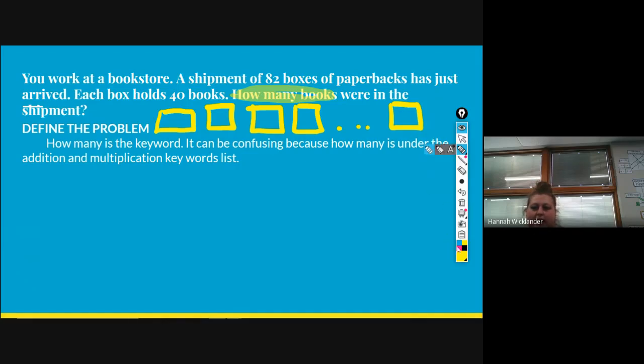And then inside each box, there's 40 books. And this is box 1, box 2, box 3, box 4. This is box 82. So what is going to make more sense for me here? Addition or multiplication? Type in the chat which operation you think I should use.